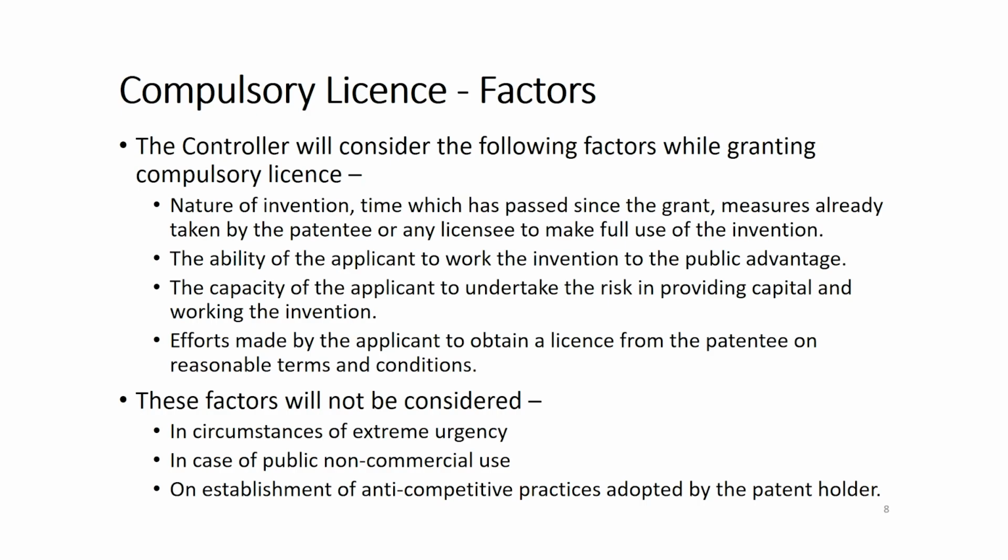Now, there are certain factors which the controller will have to keep in mind while granting a compulsory license. What are those factors which the controller will consider? I have listed some of the factors here. The controller will look into the nature of the invention.